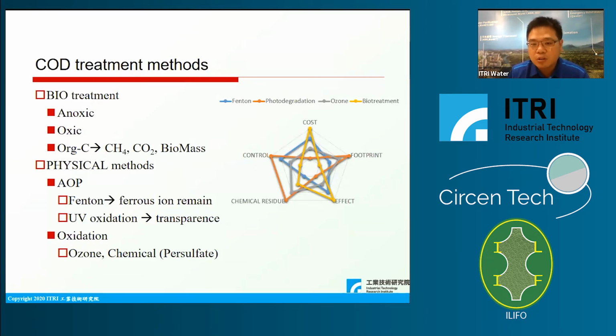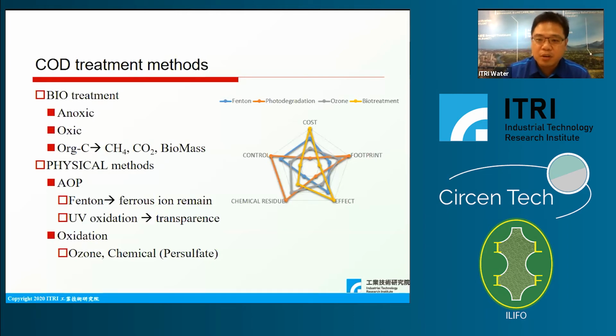But it's hard to control, because if the compound is non-biodegradable or bioinhibited, then your biological system cannot treat this kind of COD. However, using AOP, we don't need to face these problems. Everything, like high concentrations or hard-to-degrade CODs, can be decomposed.